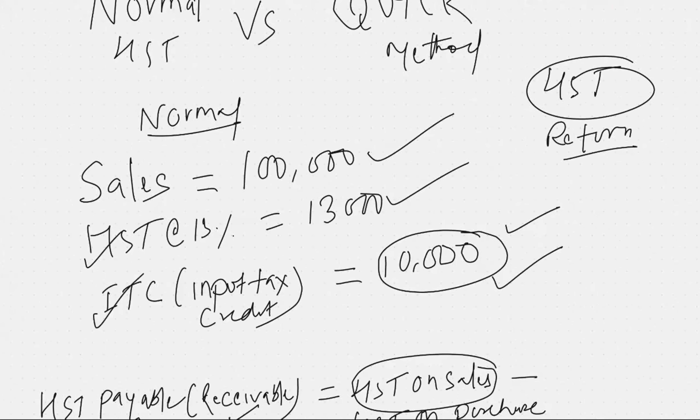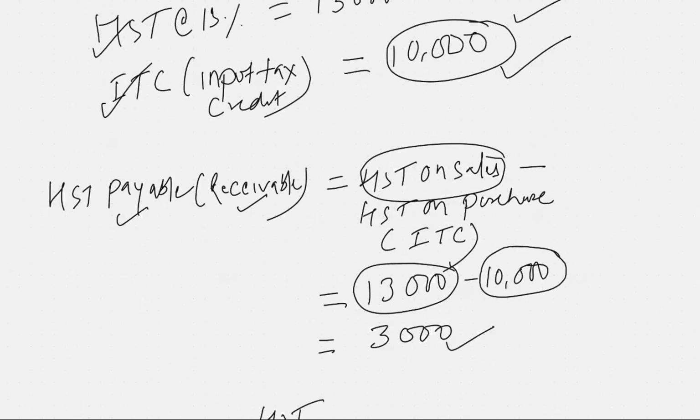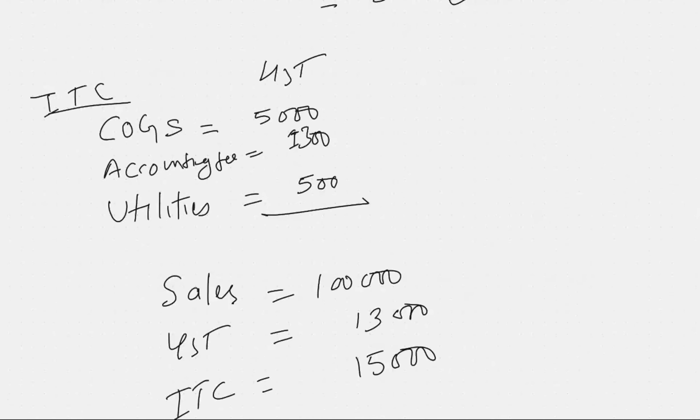Sometimes it may not be exactly 13%. Sometimes you may sell goods where HST will be 0 or there will be no HST. Then it will not match directly as 13%, so you have to consider the value as per your ledger. This is how the normal method of HST works.